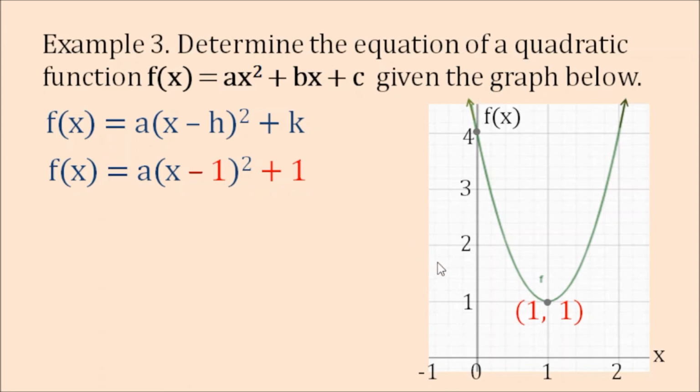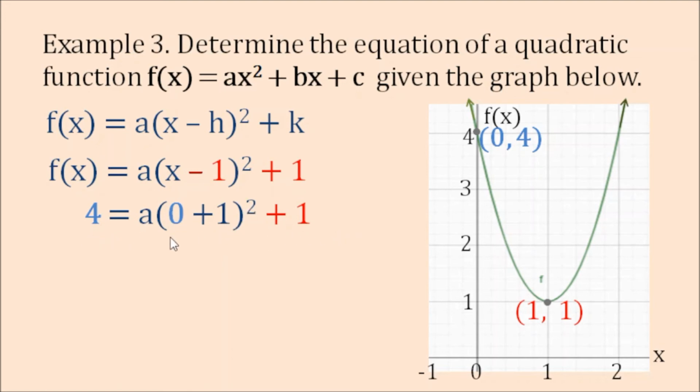Now we need one more point. So we will use this point here with coordinates 0 and 4. So this 0 is the value of x, and this 4 is the value of f of x. So we have 4 equals a times the quantity 0 plus 1 squared plus 1.